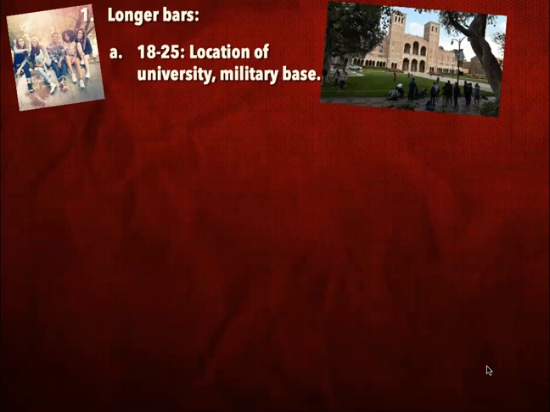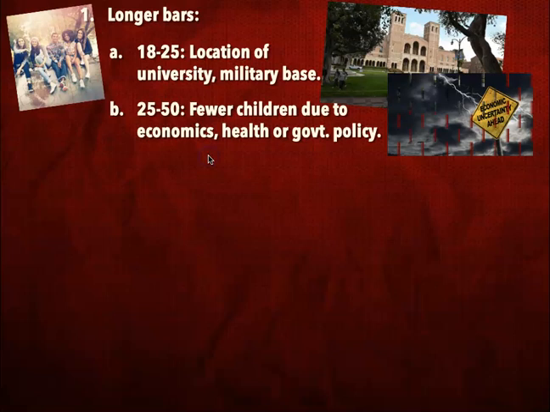Or maybe there's a military base located in that city, which also ends up having a lot of younger people, military personnel stationed on that base. So when you see long bars and you have nothing else in terms of data or information to explain it, in those cohorts, that's something to think about.